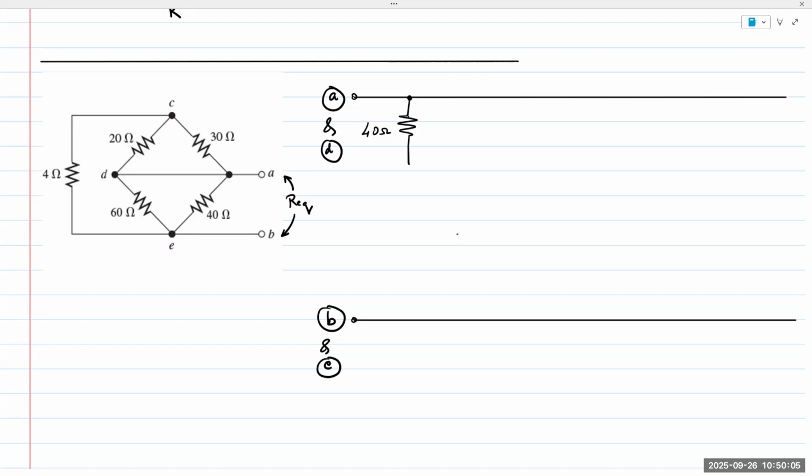Okay, so the other end of the 40 ohm resistor is going to E or B, and so I can simply draw a line that extends all the way there. So I'm done with this branch. Cancel it out.